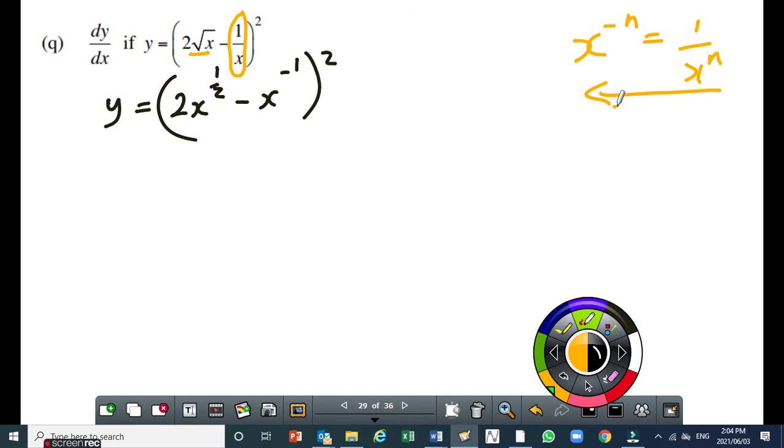Okay, dy over dx, that's the gradient. Did you go over your derivative notations that I spoke about yesterday?